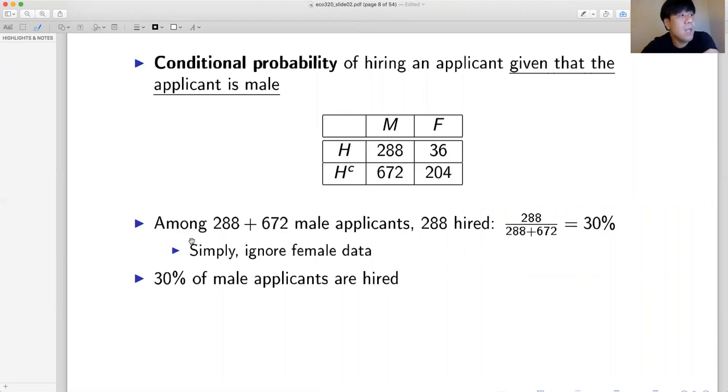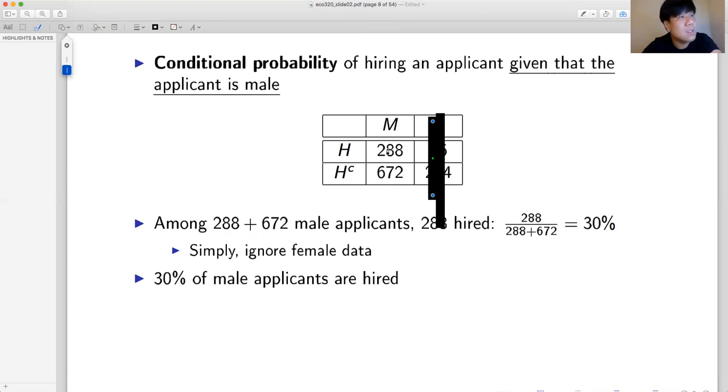So among these numbers, the summation of these numbers is the number of males, right? So conditioning on the number of males, among them 288 are hired, right? Okay, ignore this part.